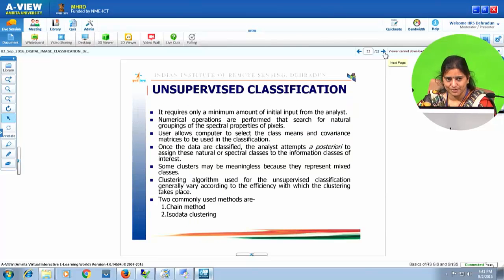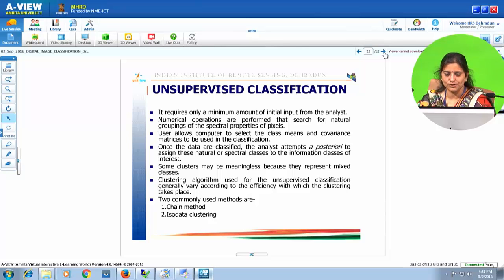This finishes supervised classification. Now we will start a detailed discussion about unsupervised classification. Unsupervised classification requires only a minimum amount of initial input from the analyst. The numerical operations are performed that search for natural groupings of the spectral properties of pixels.